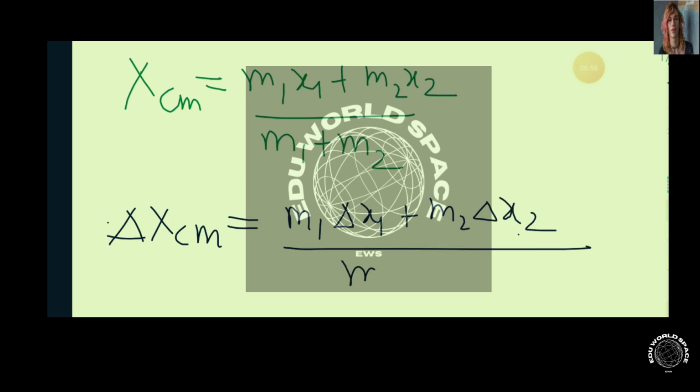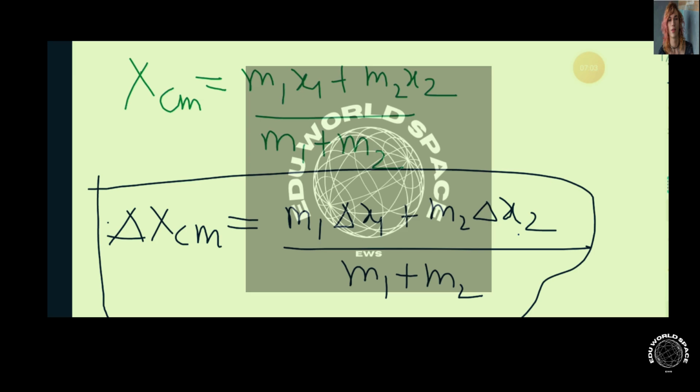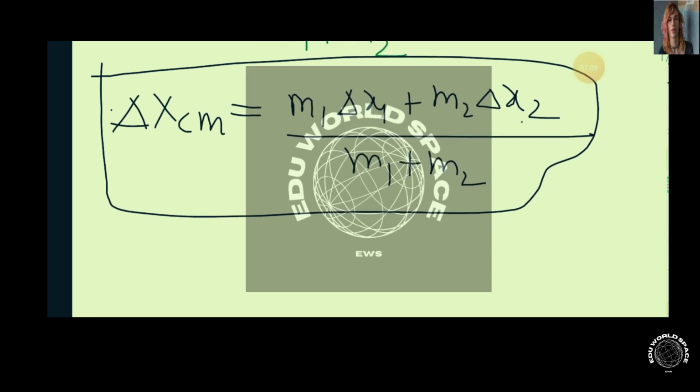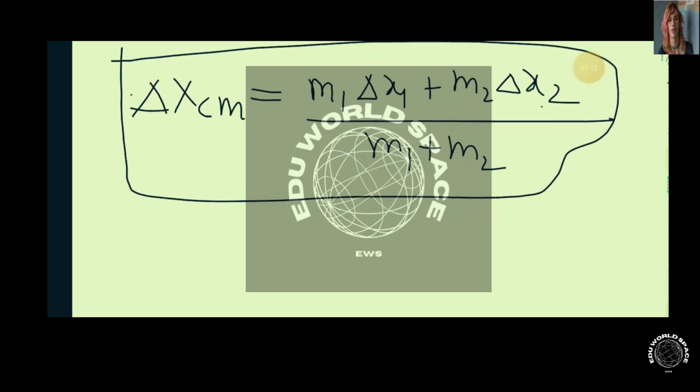We write this formula because there are two cases given, and in both cases the x coordinate is changing with respect to the initial position. So here we have to use this data.